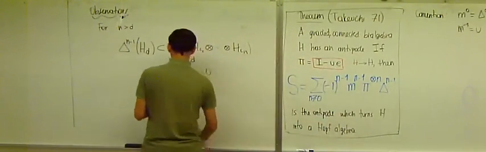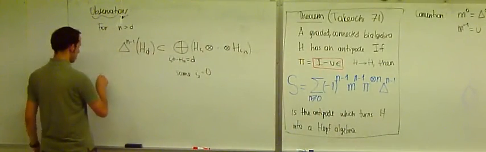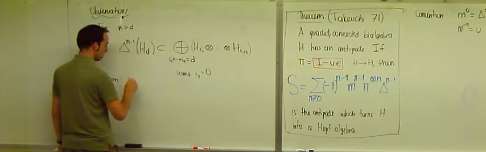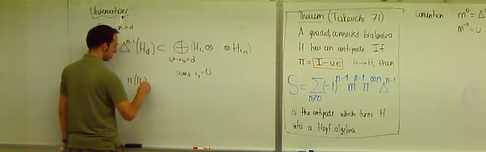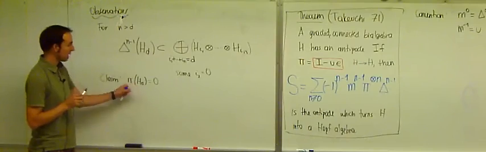So in other words, let me claim, and I'll prove it in a second, that pi of the things of degree 0 is 0. Anything of degree 0, pi sends it to 0.